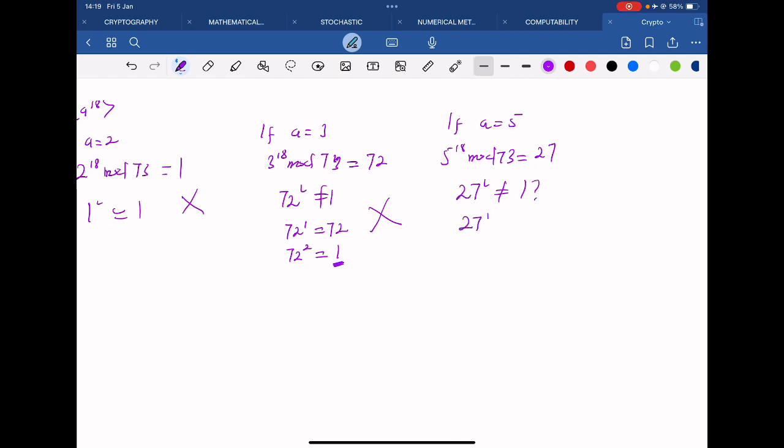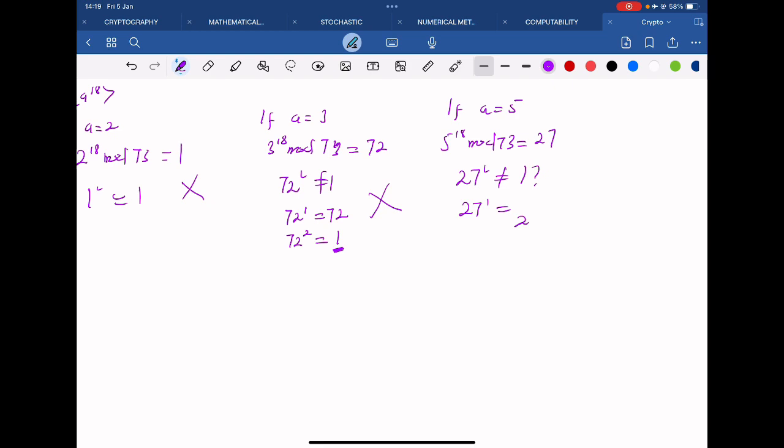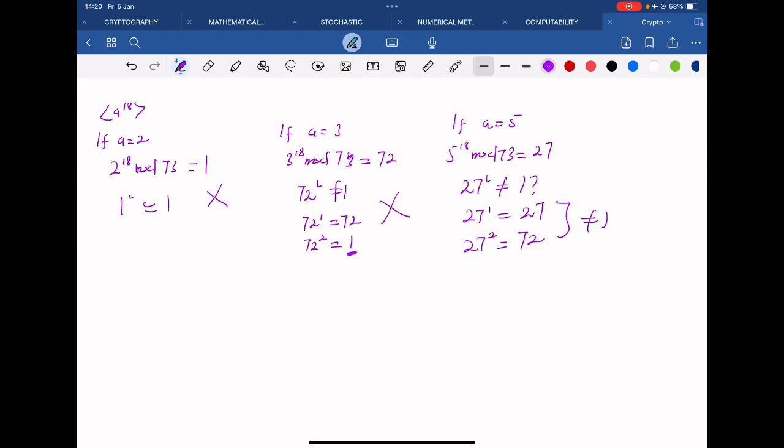So 27 raised to the power 1 is 27. Then 27 raised to the power 2 is 72. So indeed, you can see that from these two values, none of them is equal to 1. So A is equal to 5 satisfies the Lagrange theorem, and that was equal to 27.